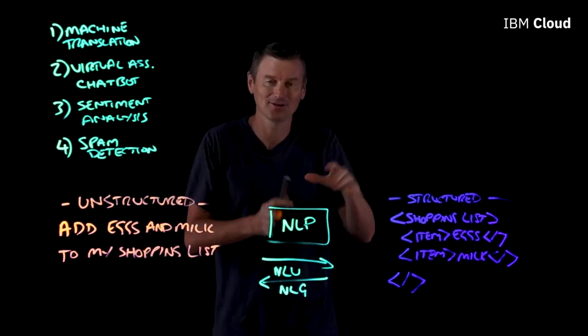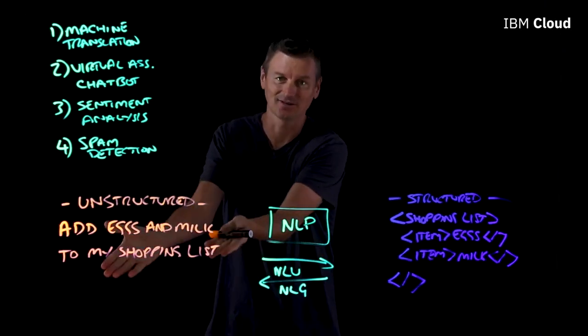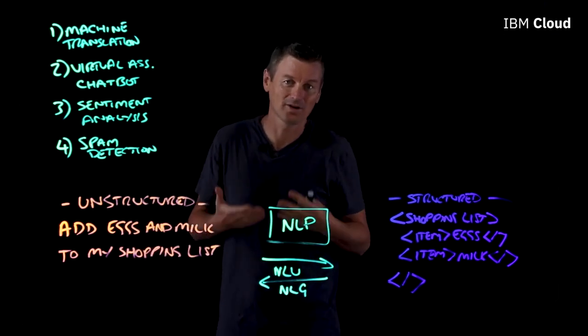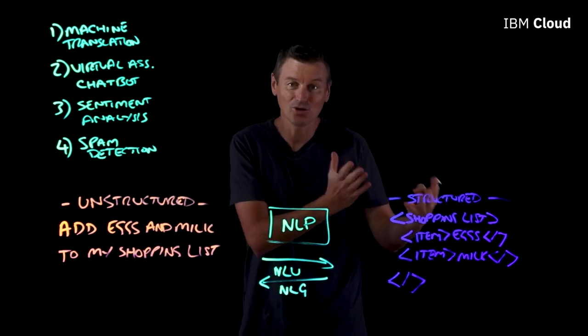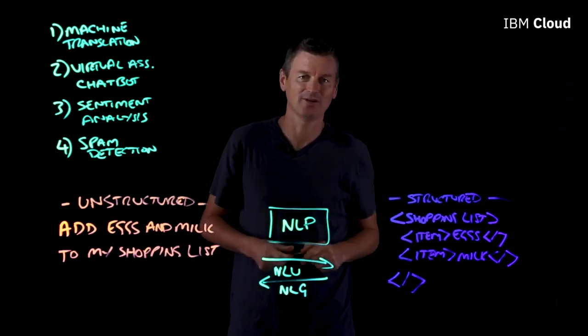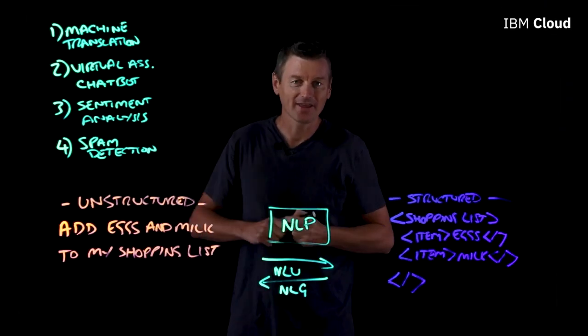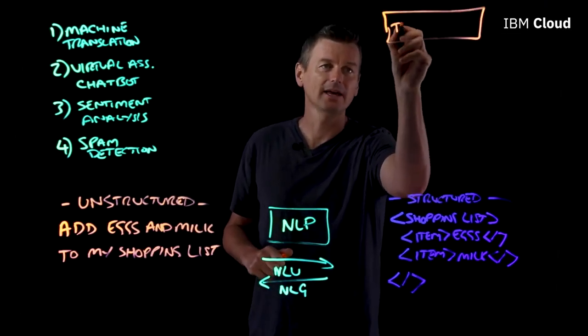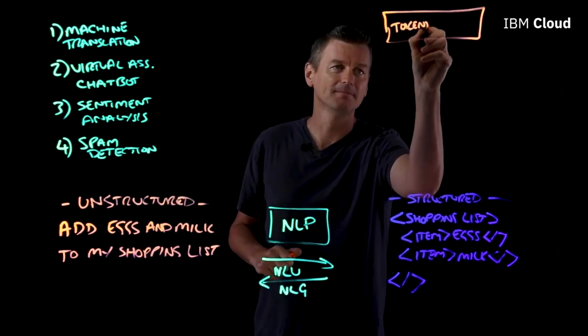Now, the input to NLP is some unstructured text, either written text or spoken text that has been converted to written text through a speech-to-text algorithm. Once we've got that, the first stage of NLP is called tokenization.